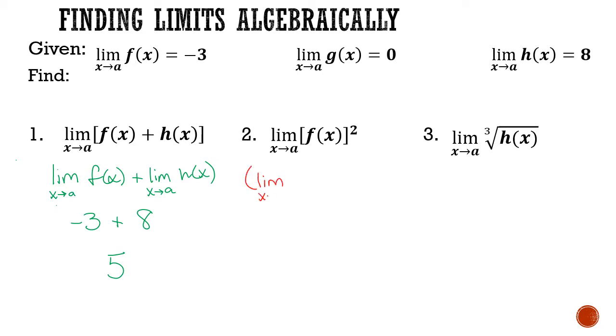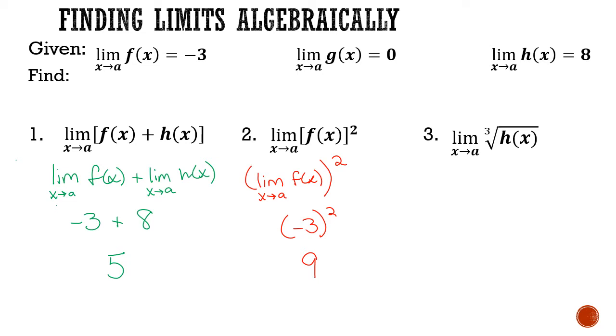Limit, x approaches a, of f of x, squared. Now, the limit of f of x as x approaches a is -3. -3 squared is 9.